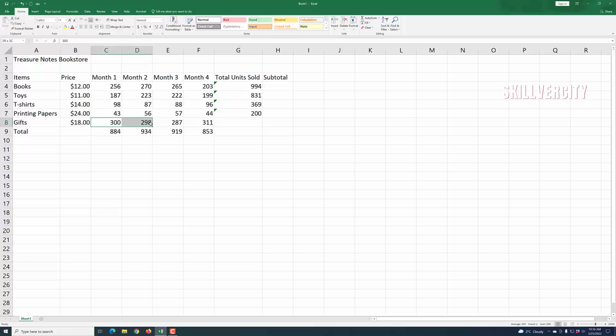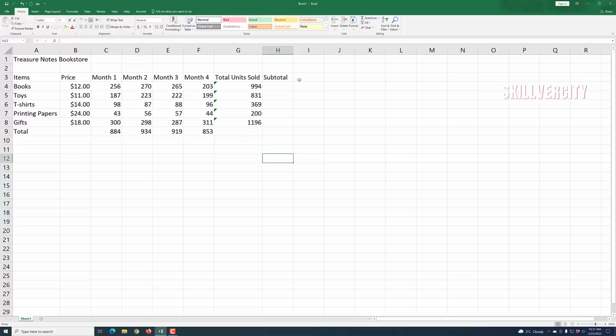So I'm going to do that again by clicking the equal sign, enter the sum formula, open parentheses, and then selecting the cells, closing parentheses, and then enter. Okay, so now we have the total units sold for each of the items.